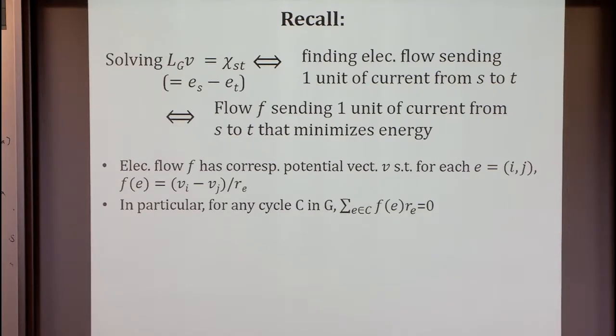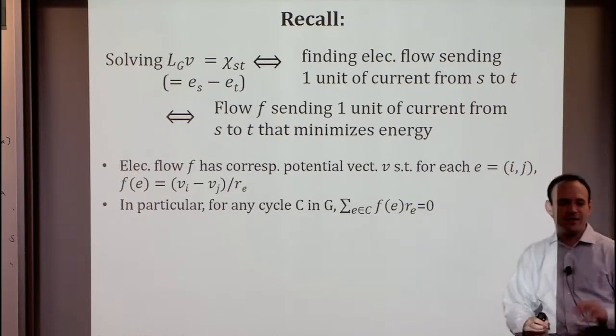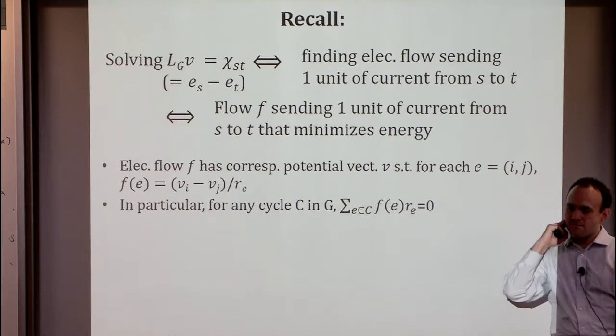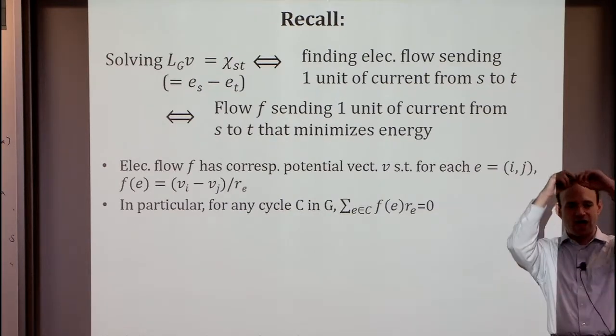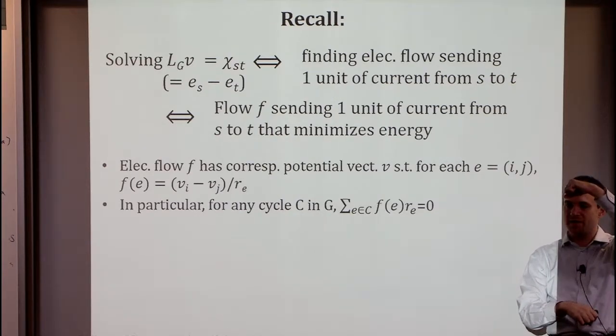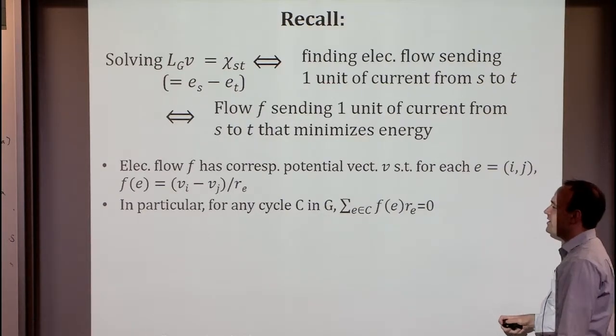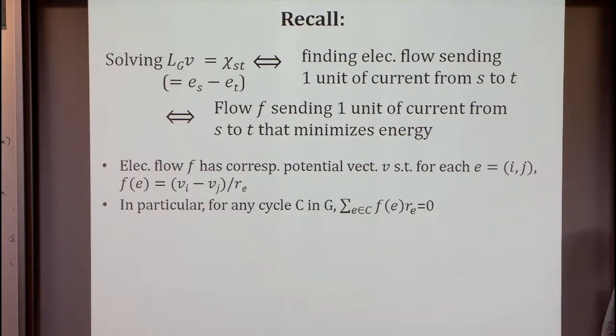Well, if I were to tell you an arbitrary flow, then if I look at the flow on a bunch of different paths between two vertices, they probably tell you different things about what the potential difference should be between the vertices. Right? If something comes from voltages, then the flow on every edge tells you the potential difference around the edge.